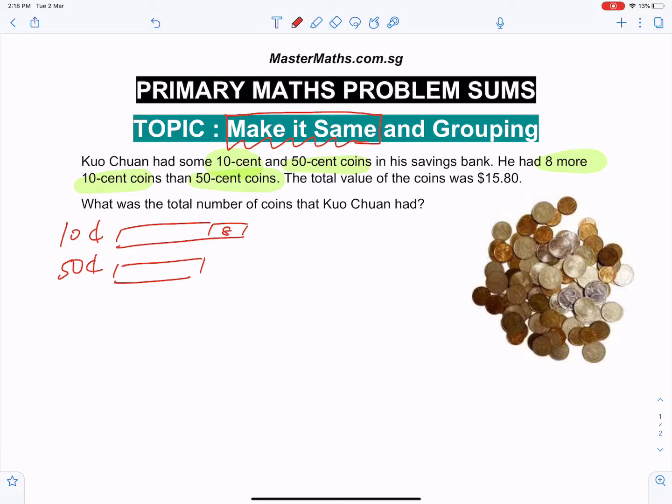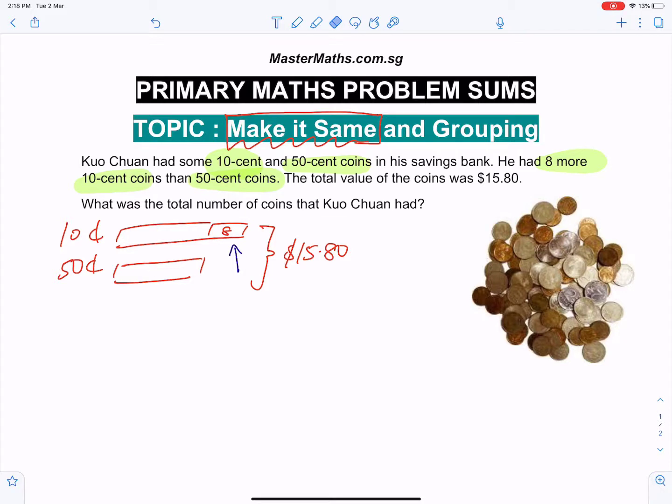Now the total value of the coins was $15.80. What was the total number of coins that Ko Chuan had? Basically, the question is asking how many coins are there in total? Yes, I know there is 8 here, but how many is here, and how many is here as well? That is the question.